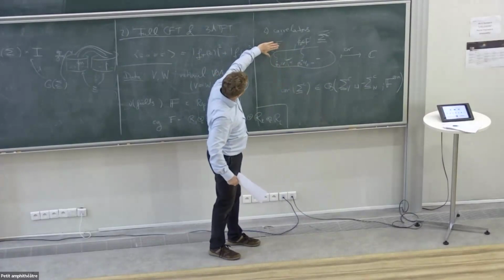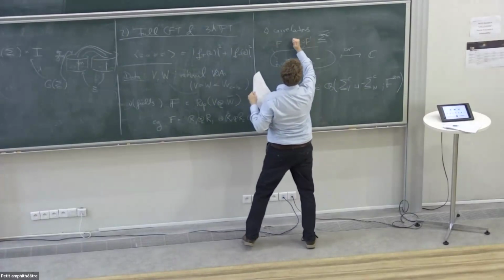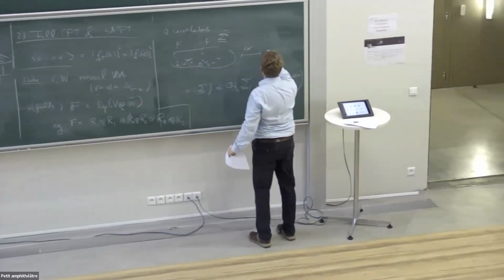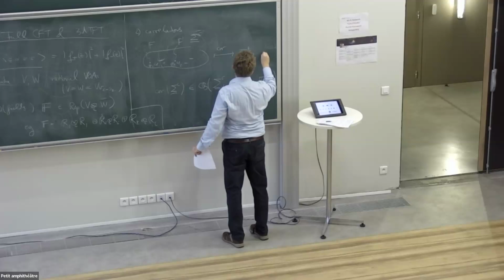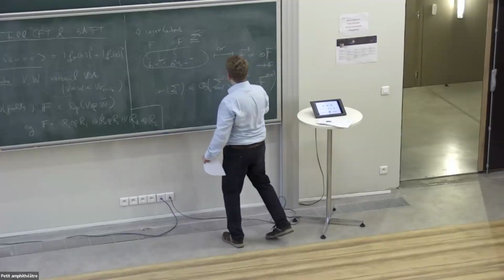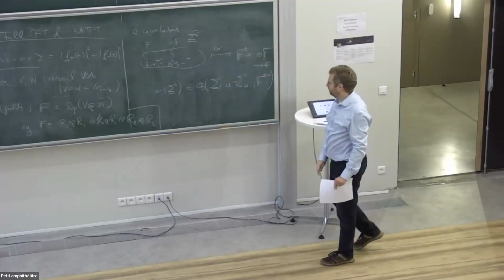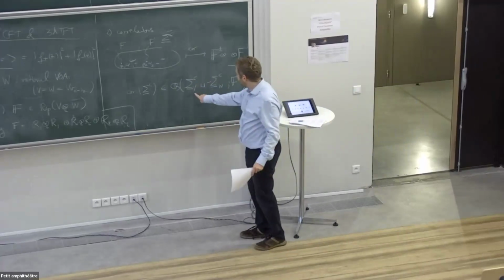So if I don't specify these vectors, maybe that's better. So let's not specify the vectors and think of this as an appropriate map out of a number of copies of F into C, and then this should be an element in the space of conformal blocks. So what does this mean?